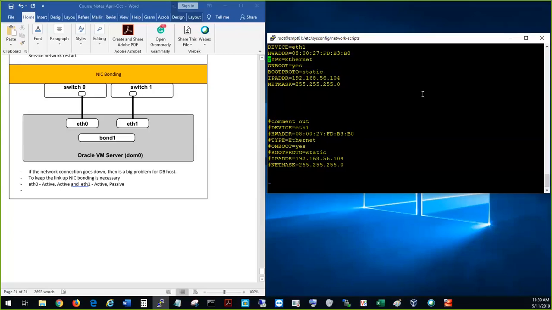We definitely don't need this. And then we need to leave on boot. Then here, boot proto, we're going to keep it none. Then the IP address and net mask, I'm going to go ahead and delete that.